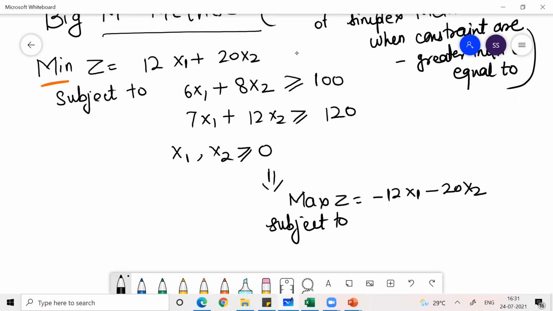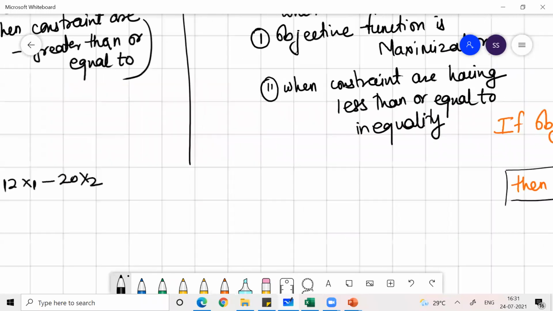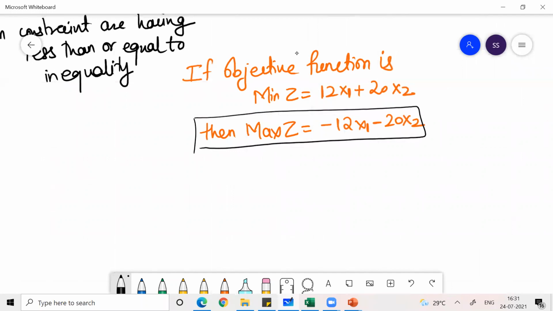You can write this as, now if this is having a greater than or equal to constraint, 6x1 plus 8x2 is greater than or equal to 100. What does this mean?